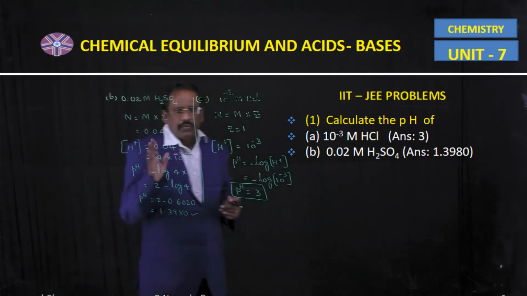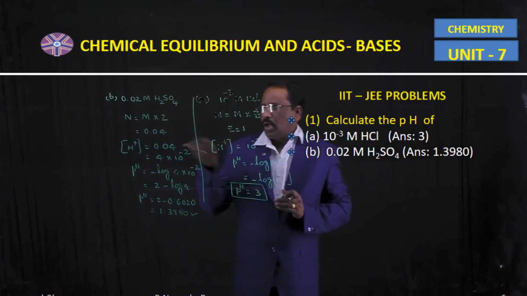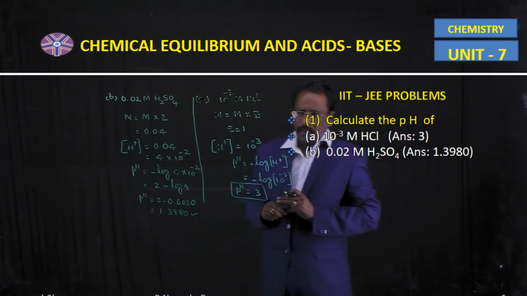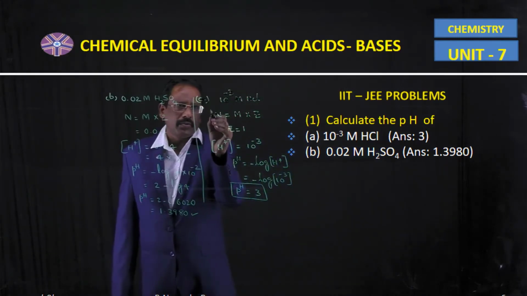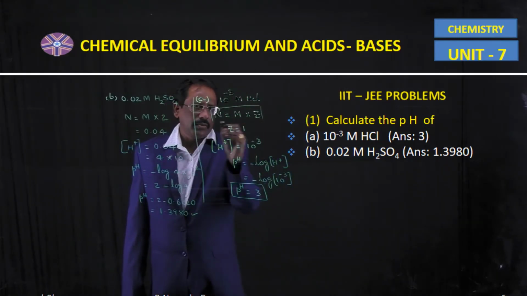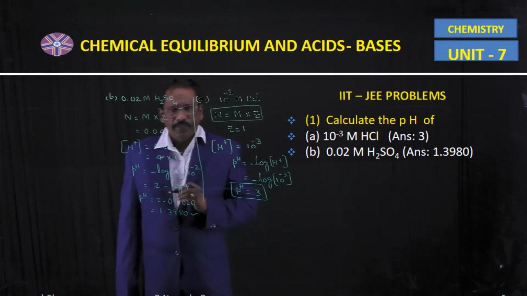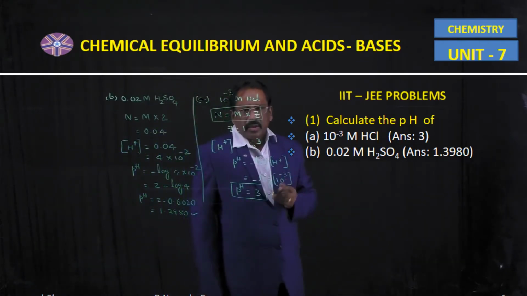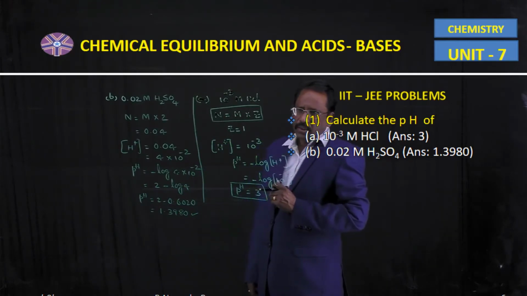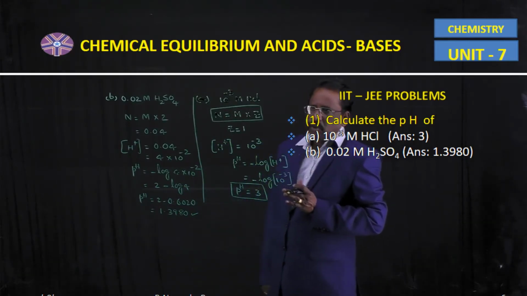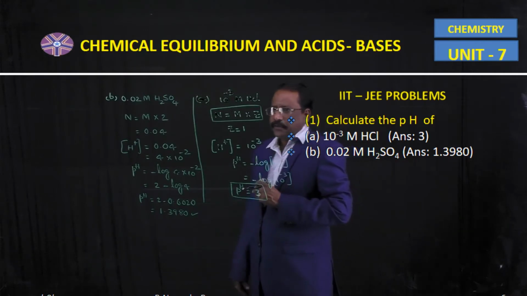So first convert the molarity into normality. The normality of any solution is equal to molarity into Z. For the given acid solution, Z is equal to its basicity.